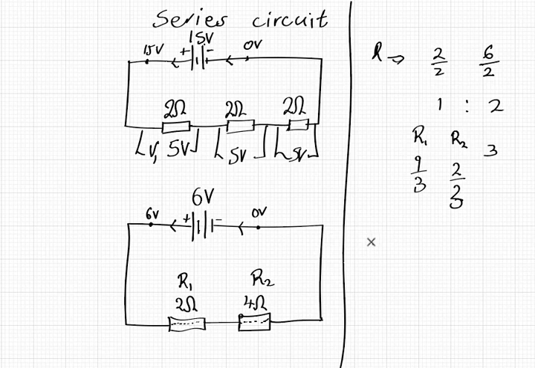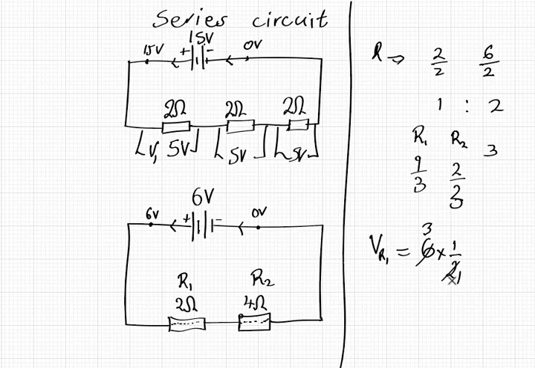So voltage for R1 will be 6 times, but it has to get less because it is not as difficult as 4 ohms, right? 1/3. 2 into 2, 1 into 6. Really, is this correct?